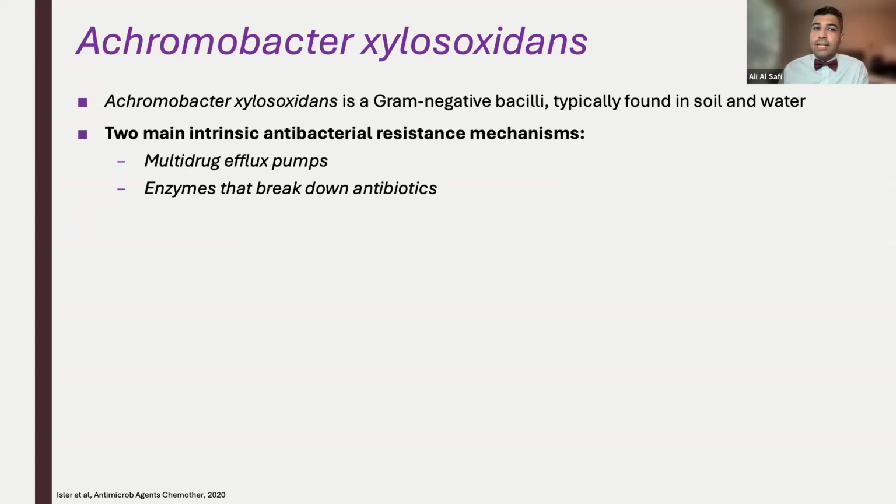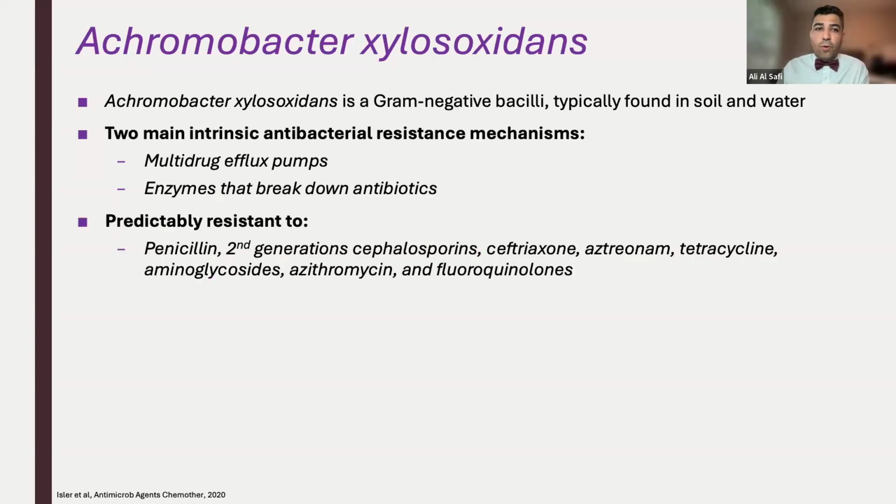And it also has a multi-drug efflux pump to push the antibiotics out of the cell and can develop further resistance by using that first mechanism. It's also predictably resistant to antibiotics like the penicillins, the second generation cephalosporins, ceftriaxone, aztreonam, etc.